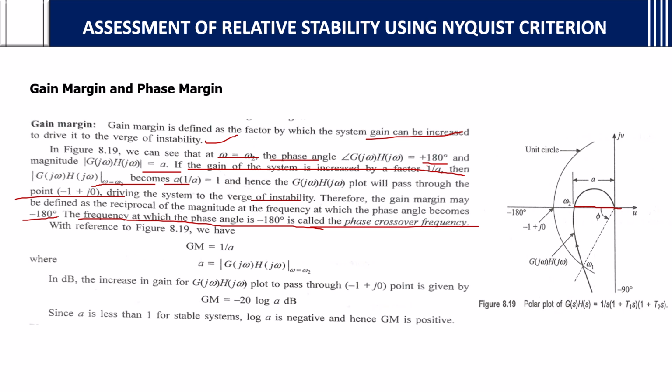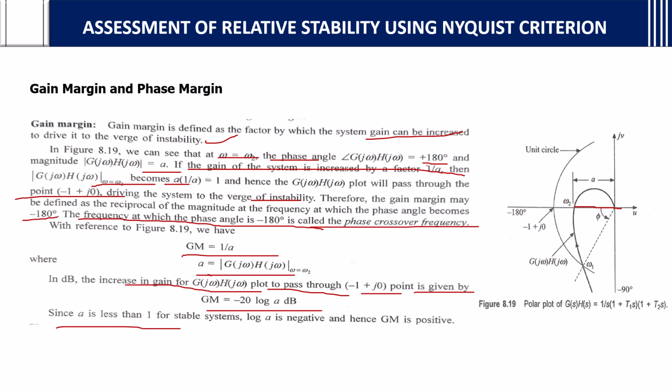With reference to the figure, Gm equals 1 by A, where A is the magnitude of G(j omega) H(j omega) at omega equals omega 2. In dB, the increase in gain for this plot to pass through the minus 1 plus j0 point is given by Gm equals minus 20 log A dB.